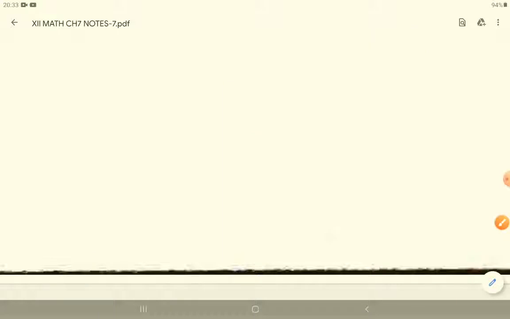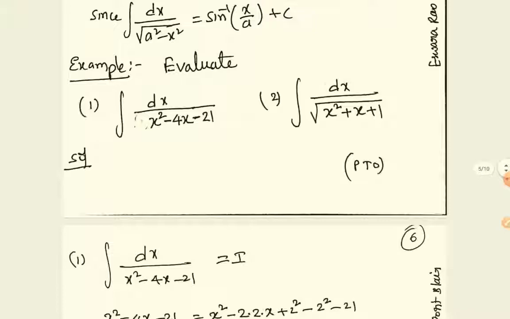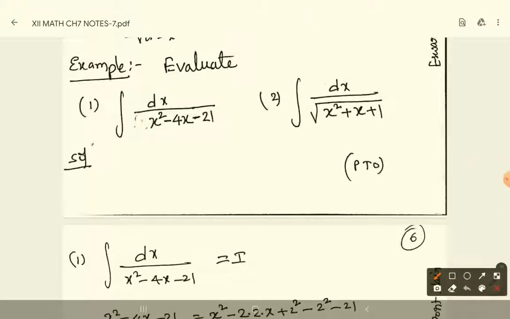Okay, look, example. First example: 1 by quadratic, where the quadratic has a middle term, x square minus 4x minus 21. Then this question also we will see.